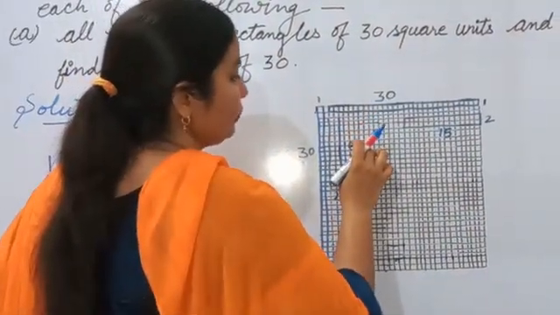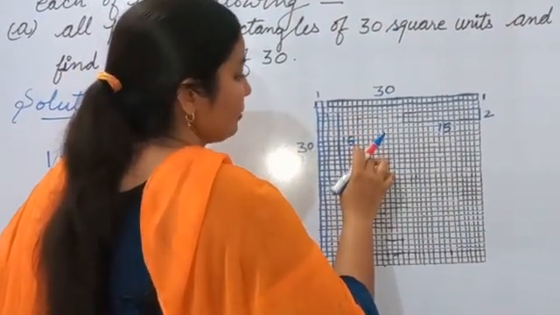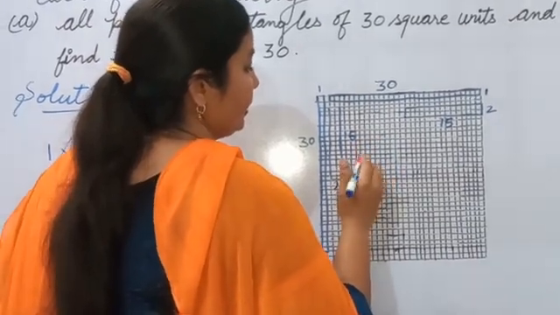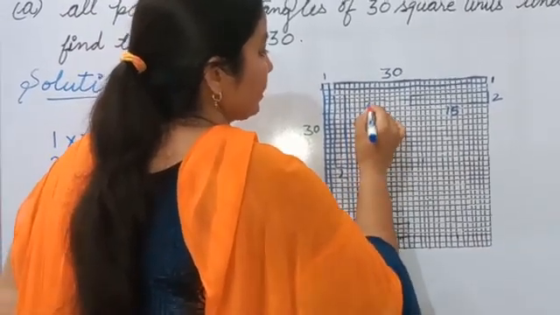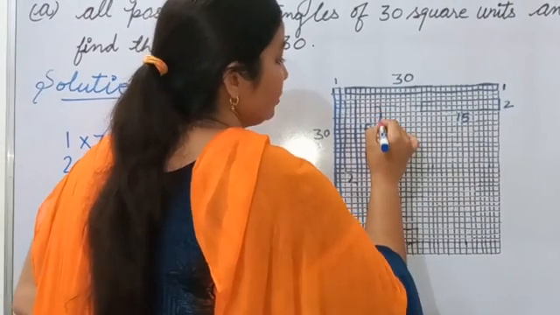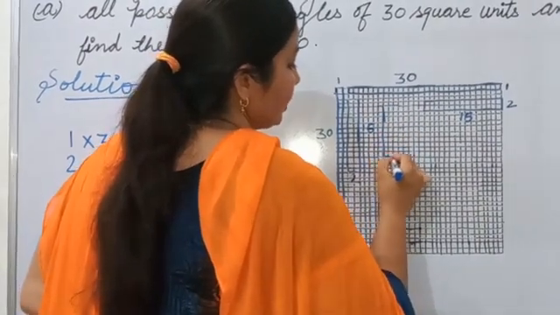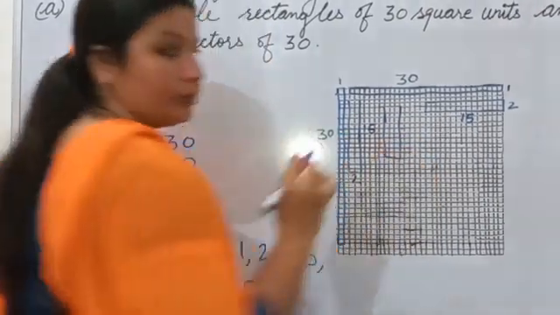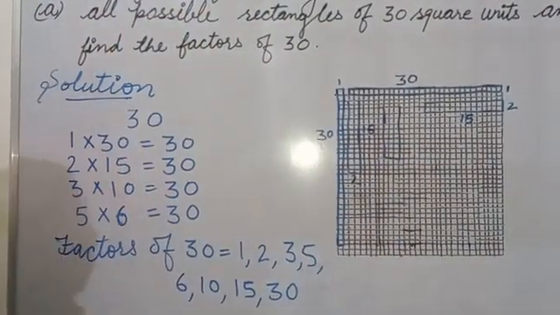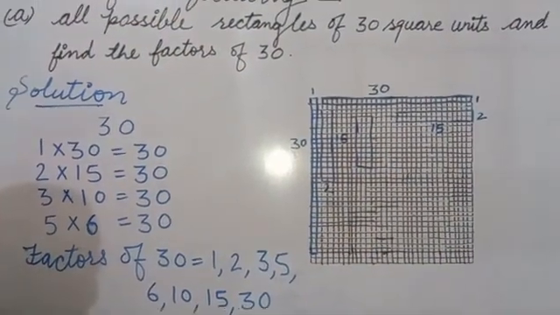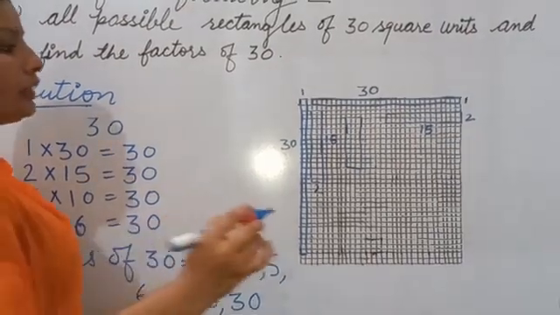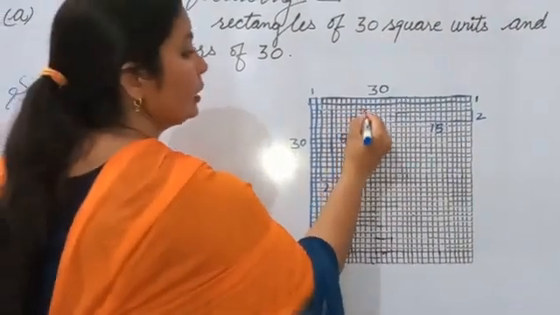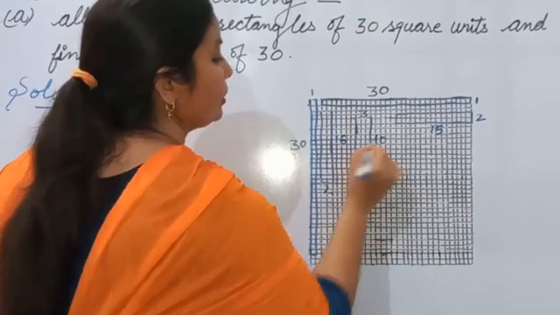1, 2, 3, 4, 5, 6, 7, 8, 9, 10. Till here we have to take. Okay. So 3 by 10. Okay, like this you have to take 3 by 10. So we write here also 3 and there is 10.